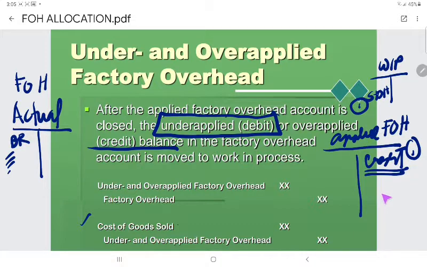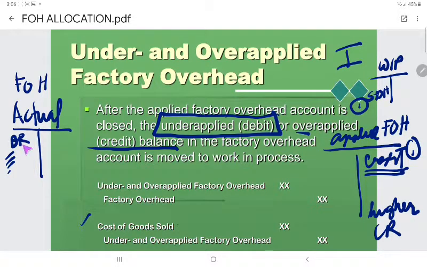So, pag mas mataas, no? Pag higher ang credit, talagang over. Diba? Pag lower ang credit, mas kakaunti yung na-i-estimate mo. Intindihan? Kasi, ito yung nauna eh. I-apply mo, dinebit mo sa work in process at kinredit mo sa applied. Dahil laging kinikredit ang applied, so, when it is being set up, kaya credit balance pag over, pag mas marami.